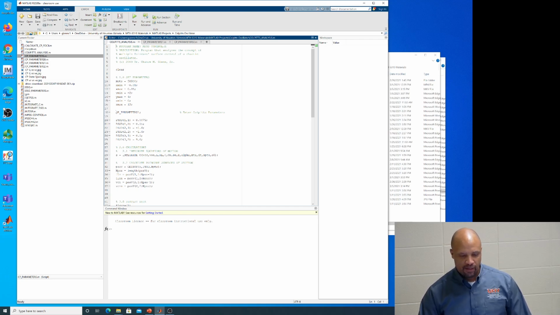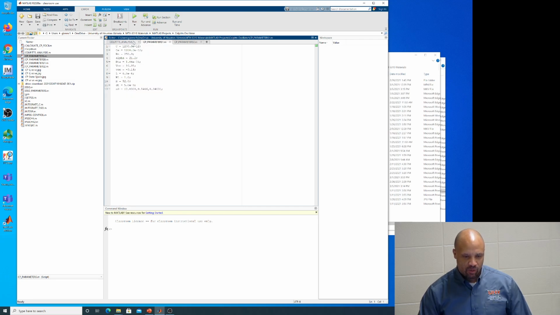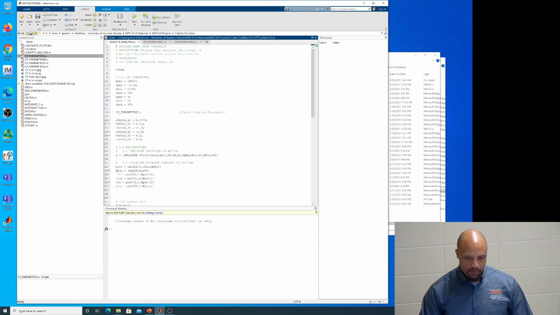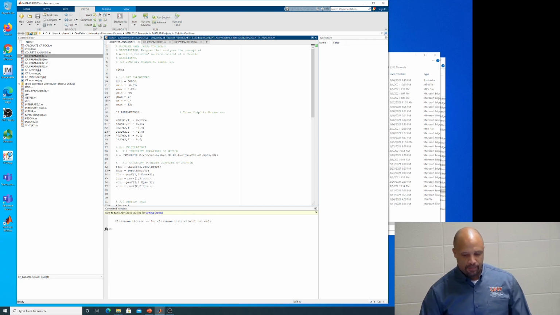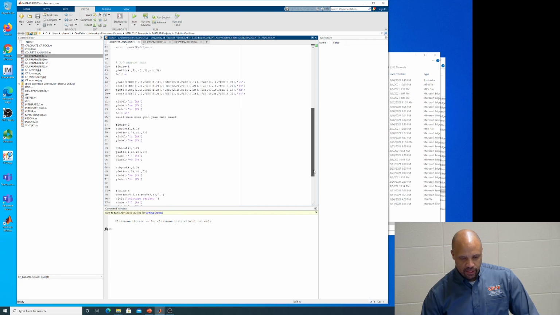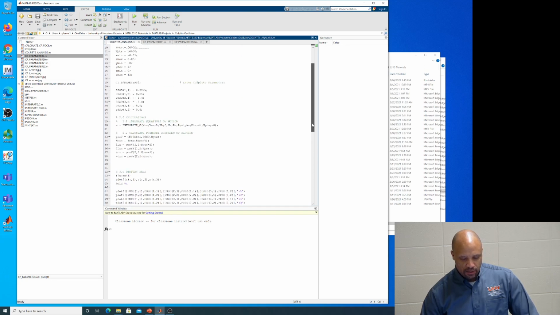The Colpitts parameters it pulls up. So if you see this says CP parameters 1, so that set right here is what we're going to use. This is what's going to be a Poincare surface. I'll describe that in a second. It's going to integrate and it's going to produce the output, and this will actually do all the plots, you're going to see that.